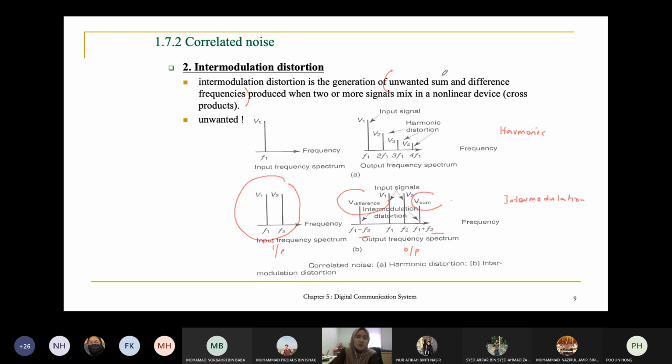Compared to the harmonic distortion, which can still exist when you only have one signal at the input.